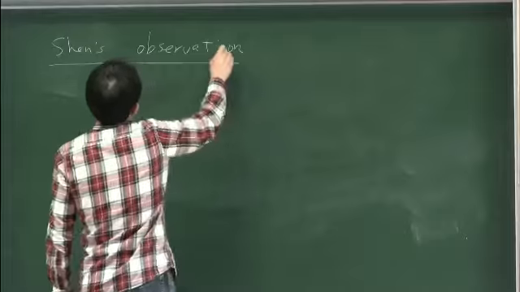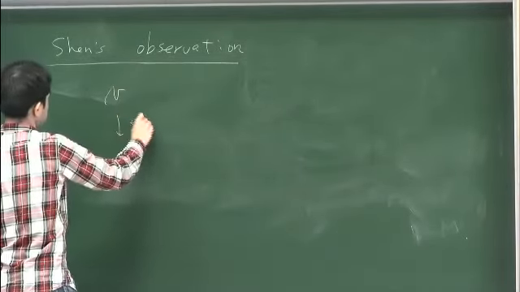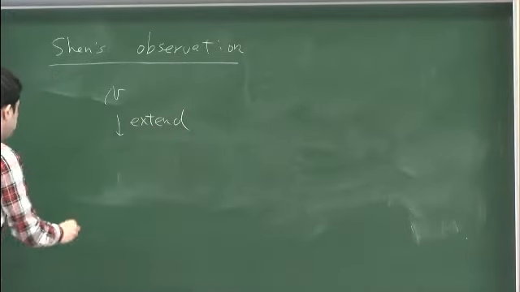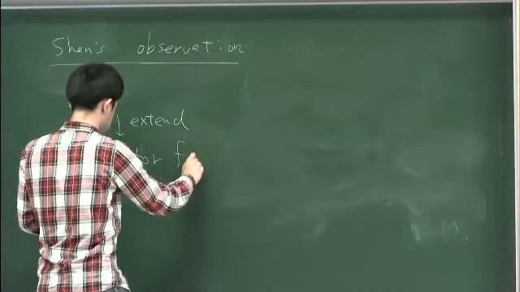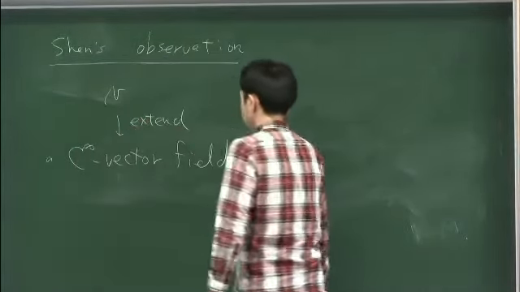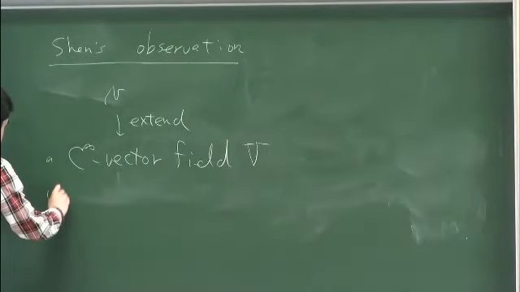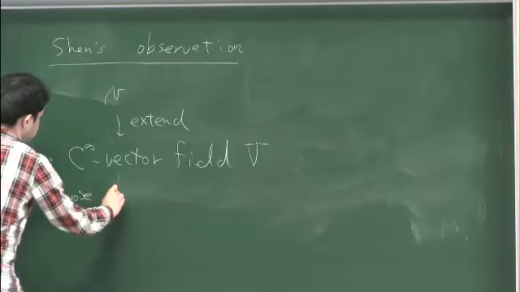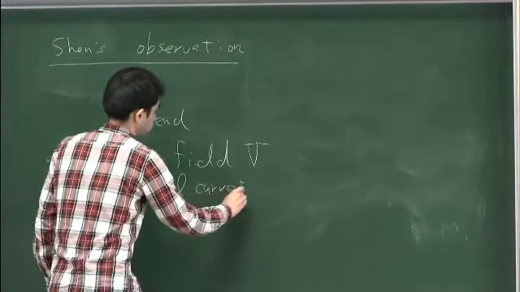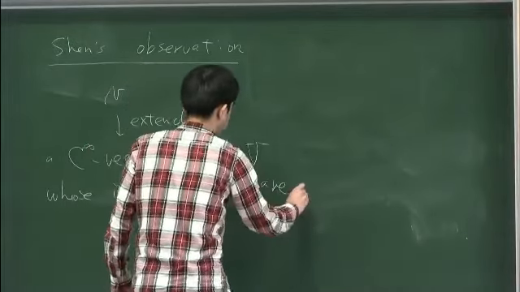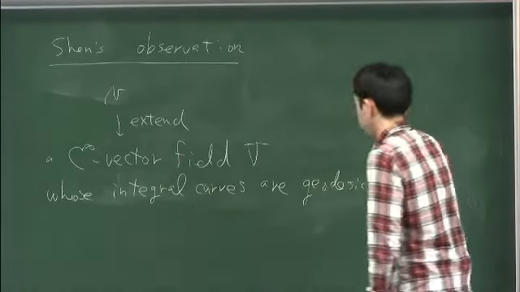So we start from a unit vector, and then we extend this vector to a vector field V in such a way that all integral curves of V are geodesics. And actually this is possible like this.